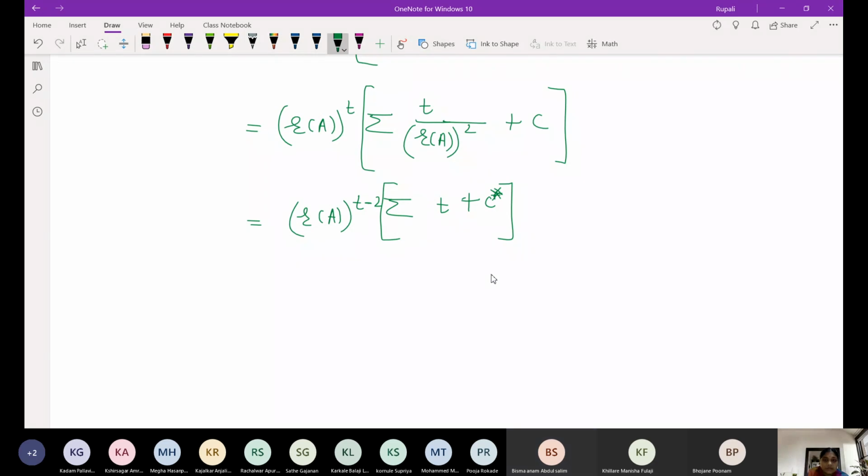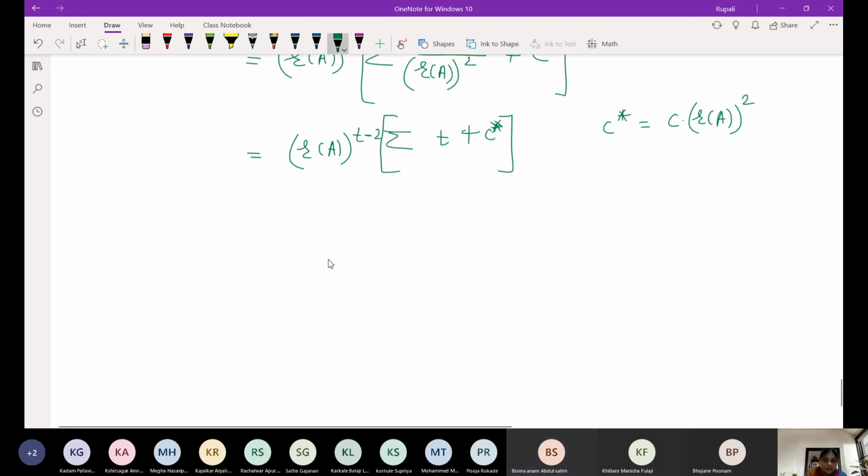If we take the common factor out, what is c star? What will be c star? c times r of a whole squared, right? Yes, ma'am. It is just a constant. So what will this be? r of a raised to t minus 2. What is summation t? Summation t is nothing but t minus 1 divided by 2. Is that right?